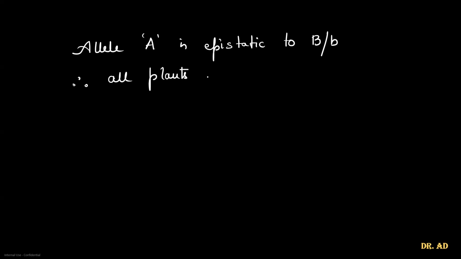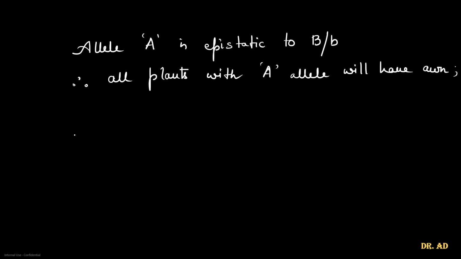Now, if we just write, allele A is epistatic. You should know the explanation also, right? Allele A is epistatic to this. Therefore, all plants with A allele, that is capital A, will have "on", right? Is that okay?